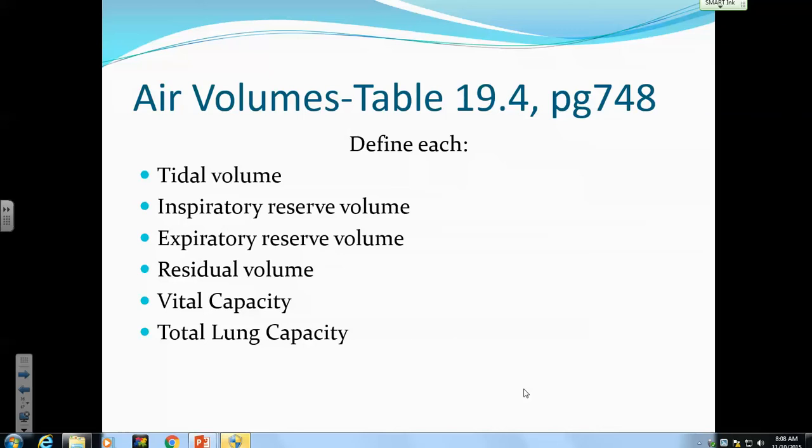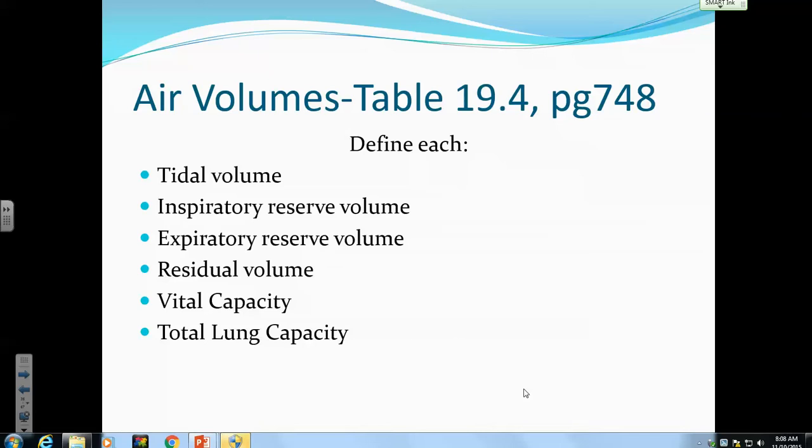It's a good bit. Your inspiratory reserve is how much you can inhale after inhaling a tidal volume. So just your normal inspiration and then how much more you can inhale. Expiratory reserve is the opposite.